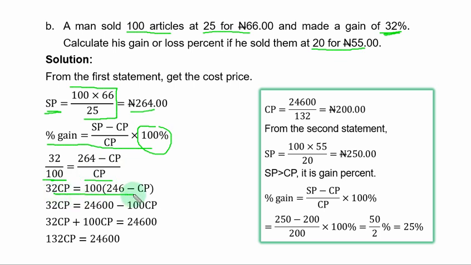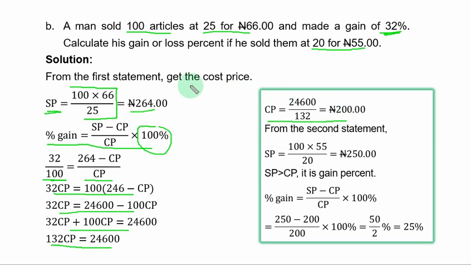If you open the bracket in the right hand side, you have this result. Collect like terms, you have this result. If you add, you have this result. Divide both sides by 132 to get the cost price, and the cost price is 200 naira.